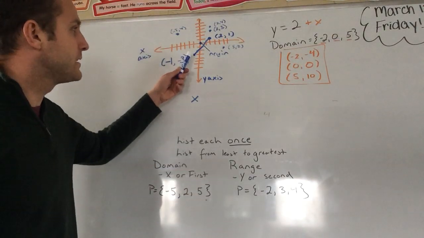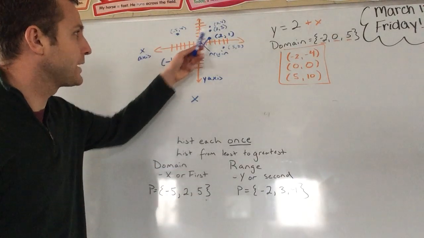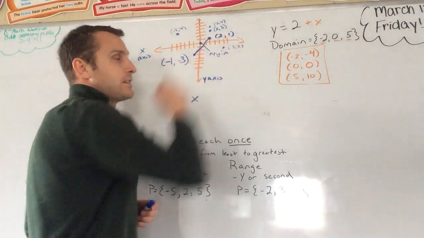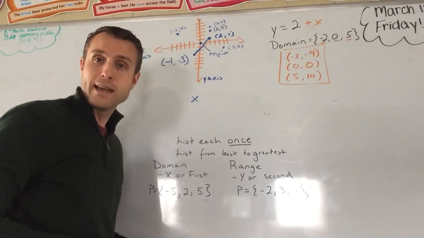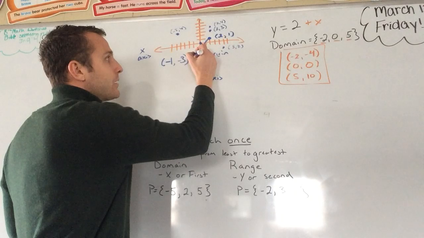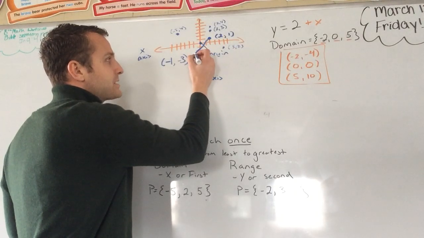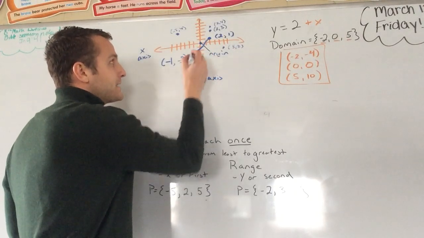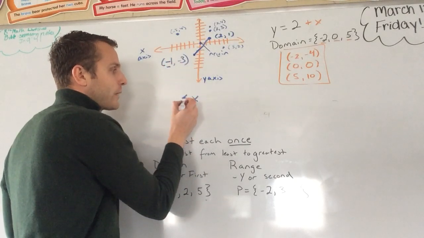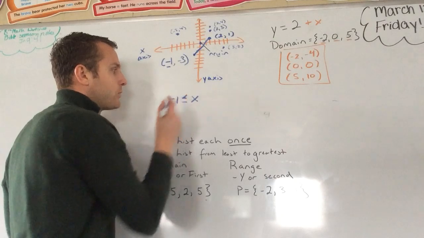So I know that this relation has all the points that are between -1, -3, and +2, +1. What that means is my x's can be any number. The farthest to the left it can go, though, is -1. So I know that my x has to be greater than or equal to -1.